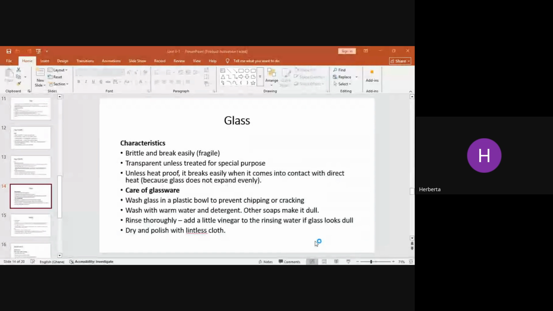You use soft foam or microfiber cloth. Microfiber cloth is the same as lensless cloth, the ones that those who wear spectacles use. The type of cloth that you use to clean the spectacle. Have you seen it?